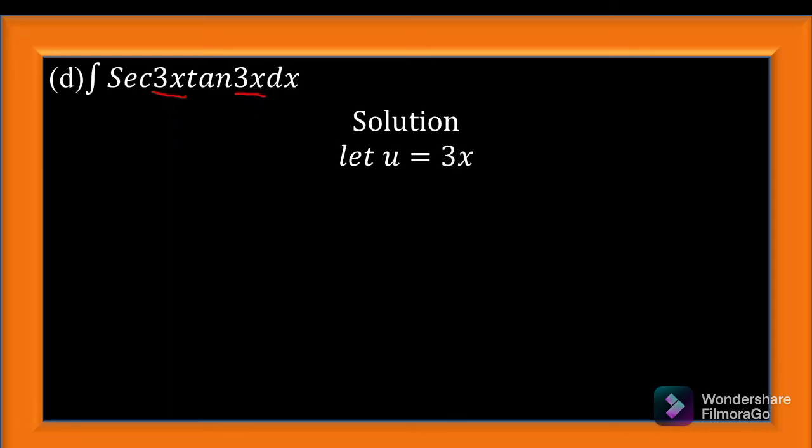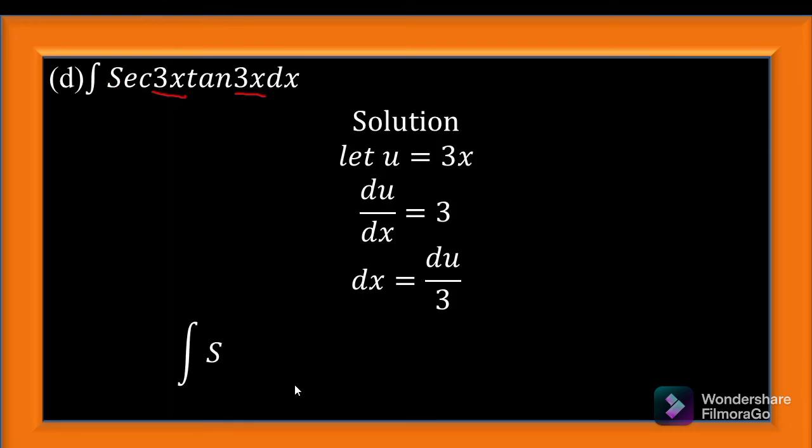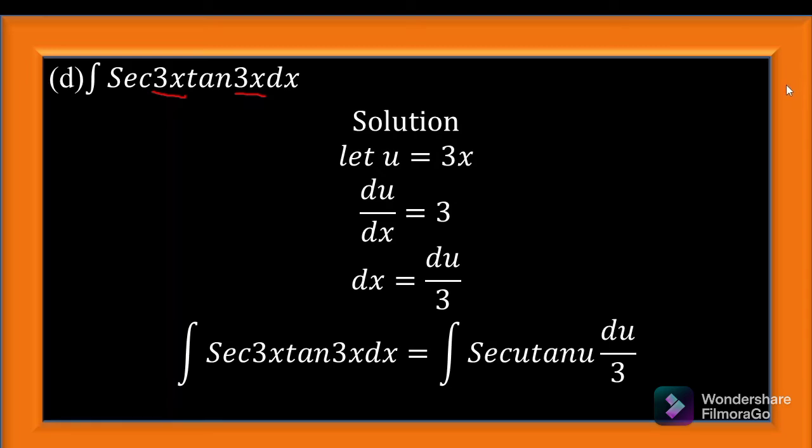So u will be 3x, differentiate, get du/dx, that is 3. After getting du/dx, make dx the subject, that is du out of 3. Come back and now look at your integral. The whole of that integral is going to be the same as sec of u tan of u du out of 3.